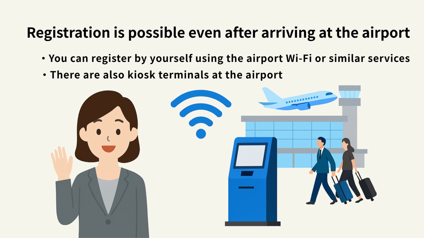You can also register after arriving in Thailand at the airport. Using the airport's free Wi-Fi, you can complete the registration on your own smartphone. There are also kiosk terminals available at the airport. You can use these kiosks to register by following the on-screen instructions to enter your passport information, accommodation details, and more.